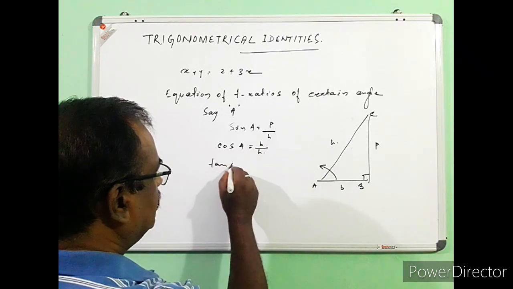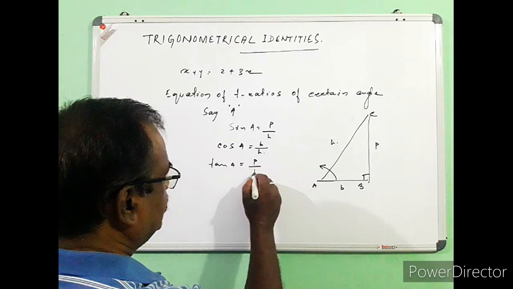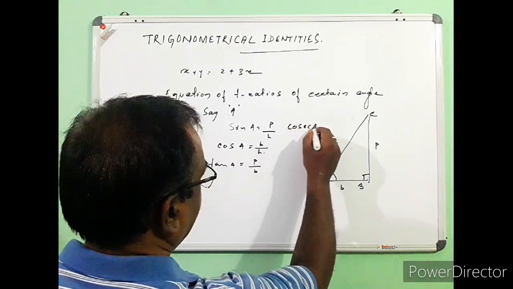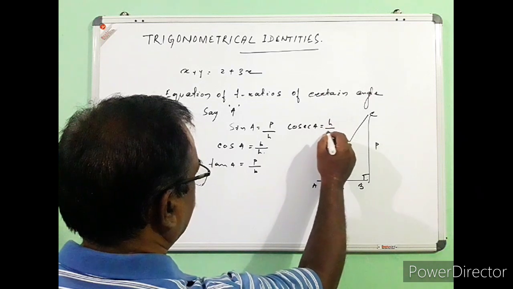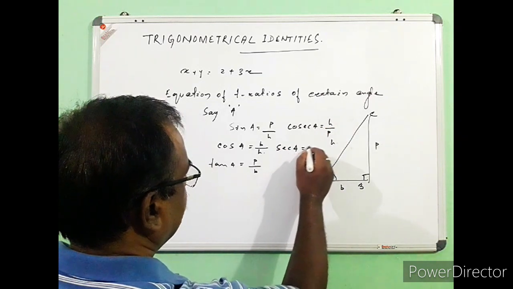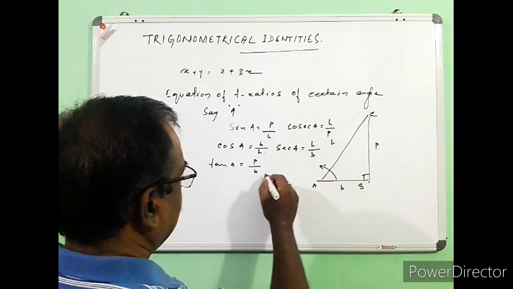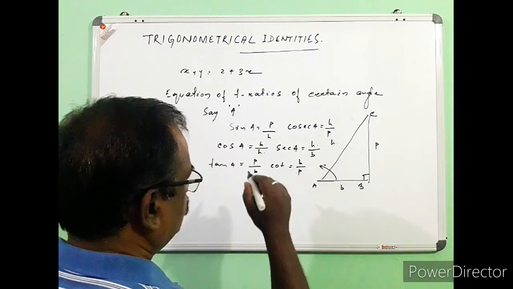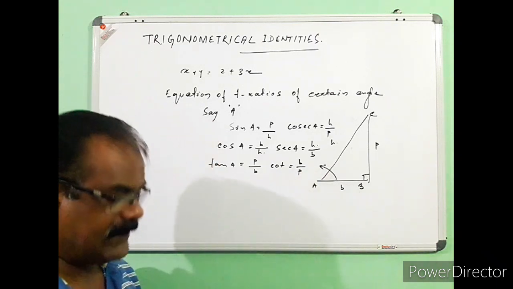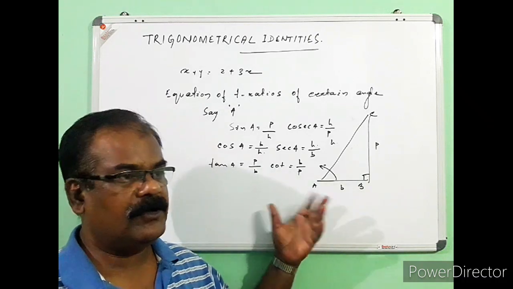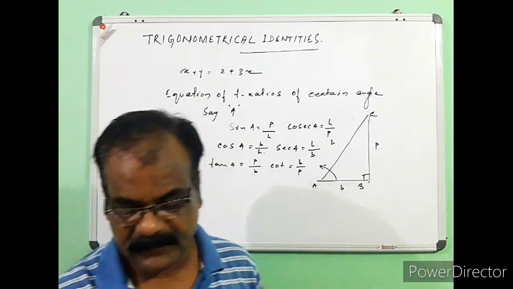Tan A is perpendicular upon base, and cosec A is hypotenuse with respect to the perpendicular. Sec A is hypotenuse and base, and cot A is base with respect to the perpendicular. So these are the 6 trigonometrical ratios that you have already known.